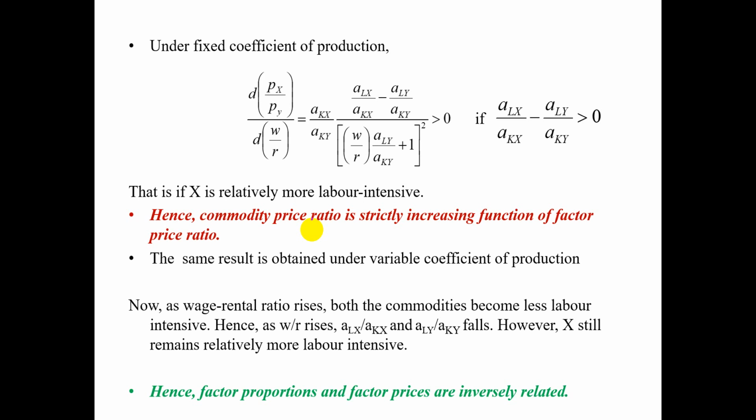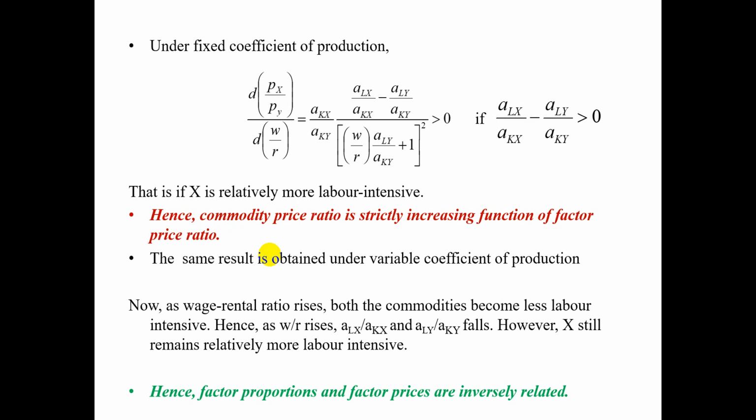So now we consider once again the relationship between the factor proportion and the factor prices. We have already seen in the Heckscher-Ohlin theorem proof that factor proportions and factor prices are inversely related. Why? As the wage rental ratio rises, both the commodities will become less labor intensive.